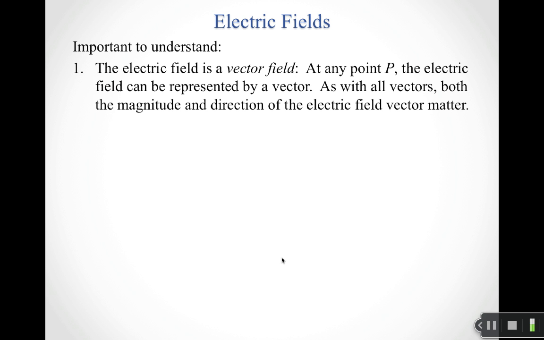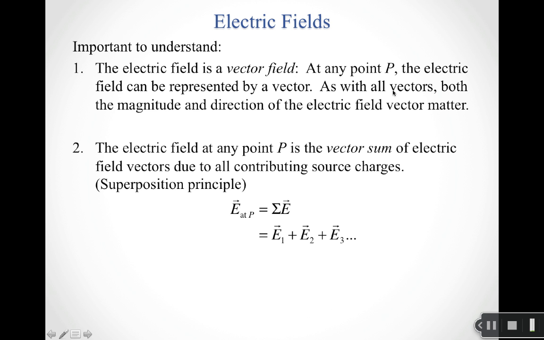In terms of our point charges, again, we said those are 1 over r squared. So the farther you go away from the point charge, the weaker the electric field gets. So magnitude and direction, just like with any vector. And then if you want to figure out the electric field at point P, all you need to do is add together the contributions from all the source charges.